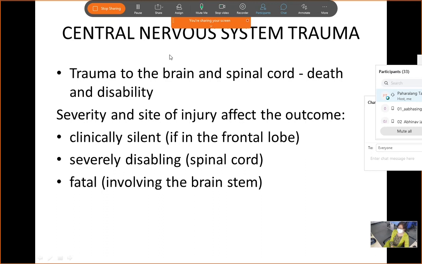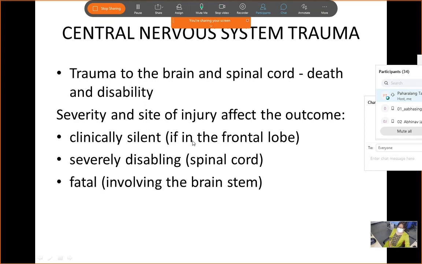Now coming to trauma of the brain. Trauma to the brain, anything to do with the brain and spinal cord, can cause death, and worse, it may cause disability. And the severity and site of injury can affect the outcome. But you know very well, we have seen multiple movies in which serial killers undergo a frontal lobectomy to reduce the aggressiveness.